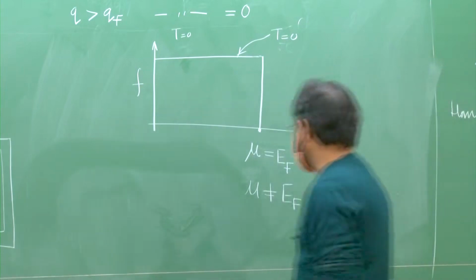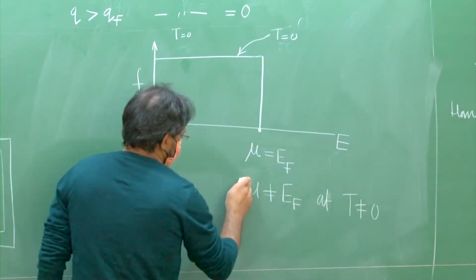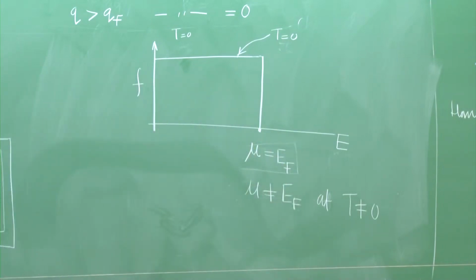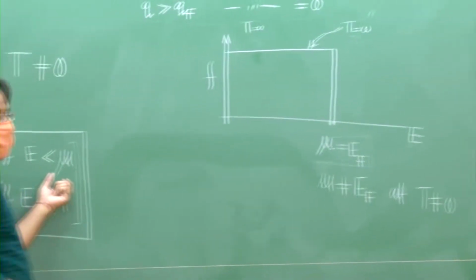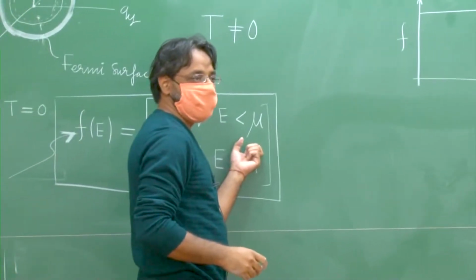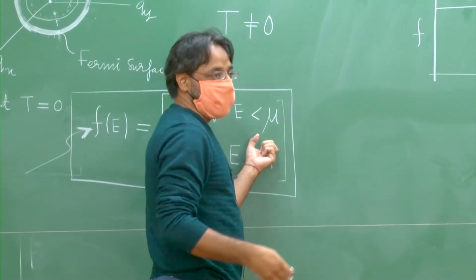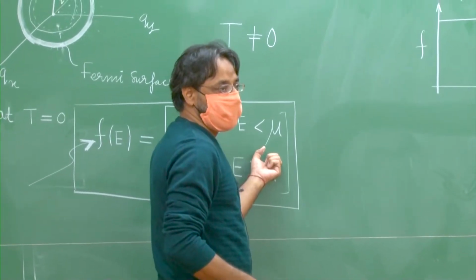So, in our case, this situation will not arise. We will fix the Fermi distribution with mu replaced by EF, even at non-zero temperatures, because EF for the electron gas in a metal is a very, very large number, right.